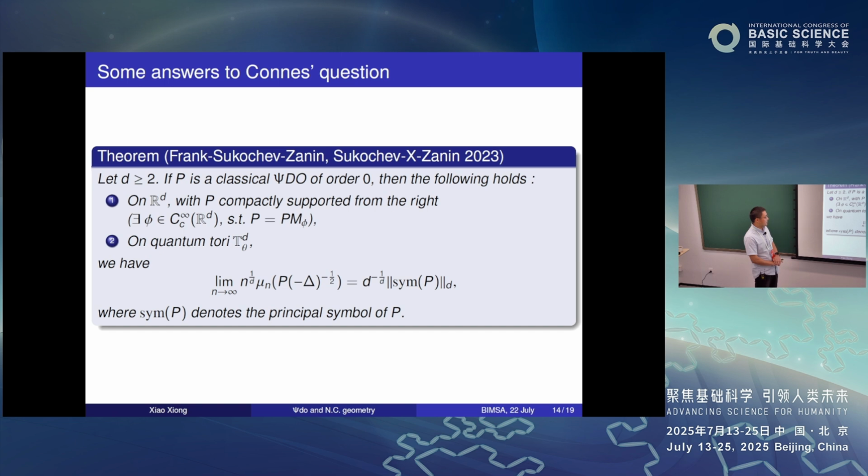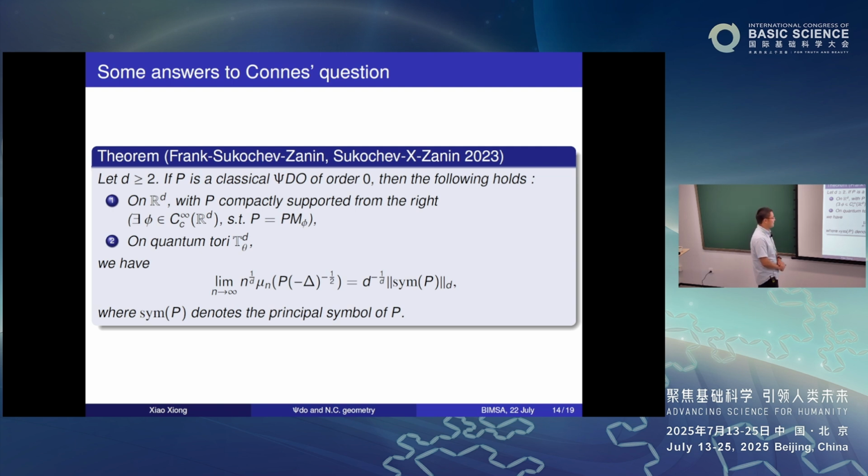The first situation is that we look at the very classical Euclidean space, and the second is the so-called quantum torus. But if you're not interested in quantum, you can still imagine that you have a d-dimensional flat torus.